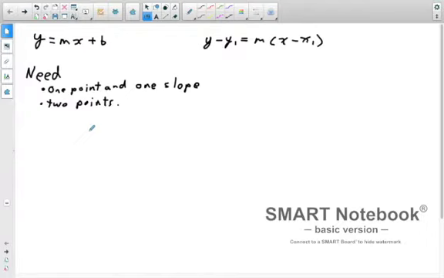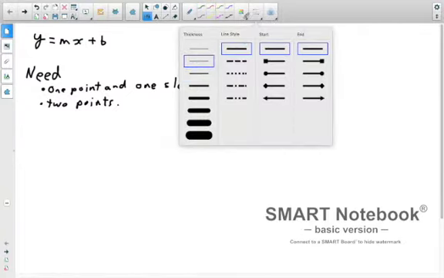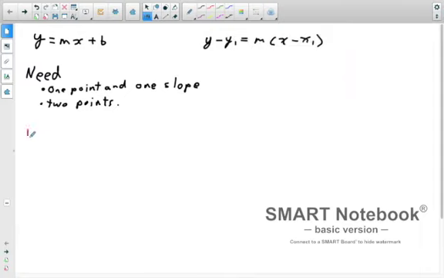So, let's say I want to write the equation of a line, and let's write it in slope-intercept form.